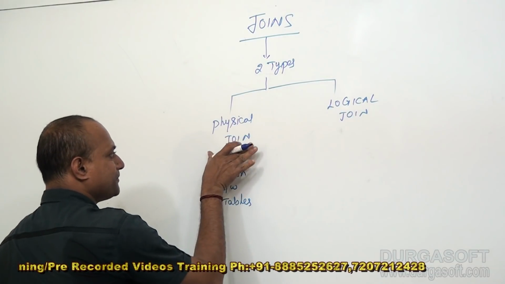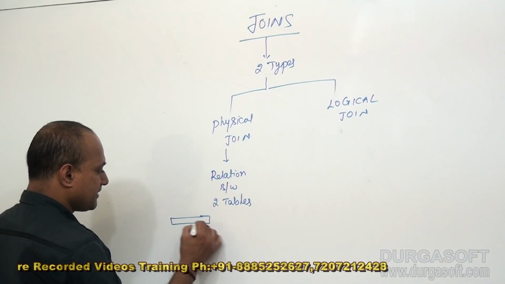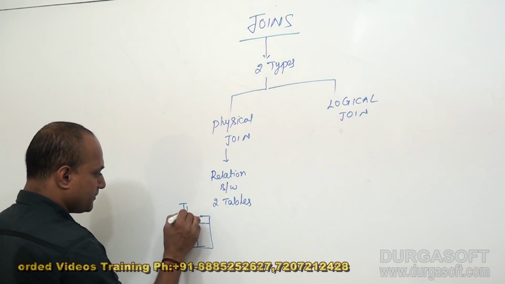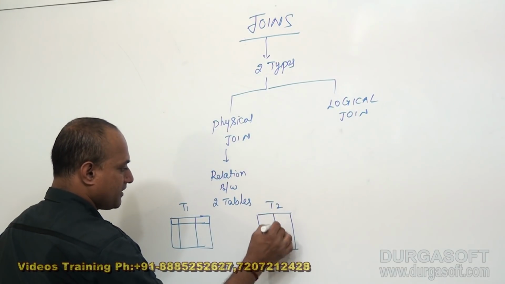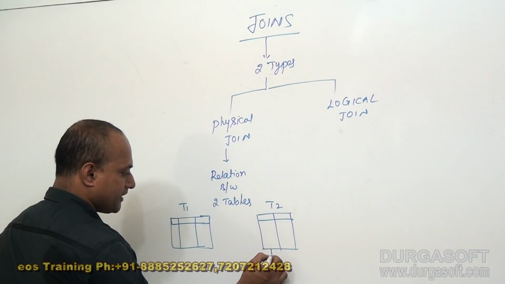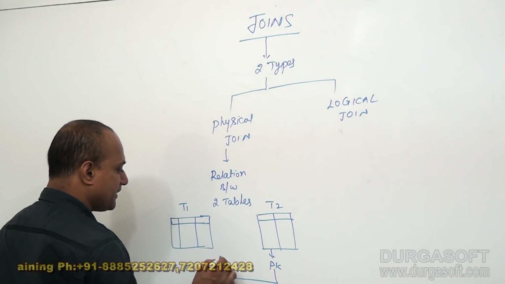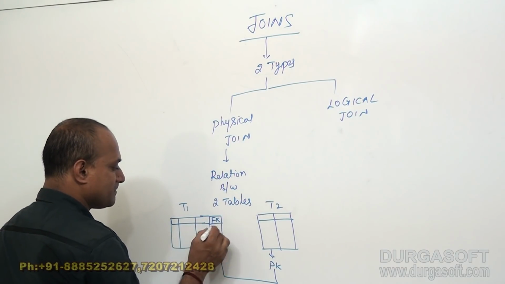So, how can I implement a physical relation between the tables? Here is table 1 and here is table 2. In the first table I take a primary key. By using the primary key, you implement a foreign key in the second table. This is the foreign key.